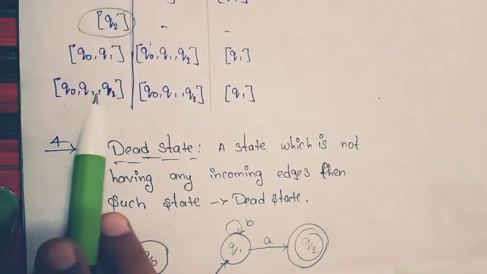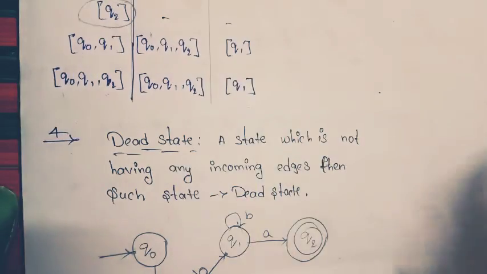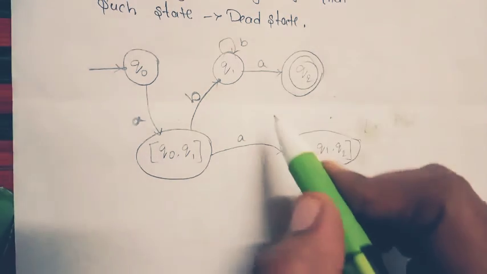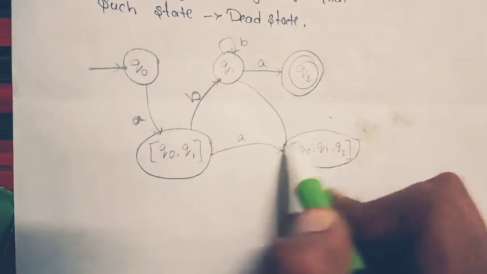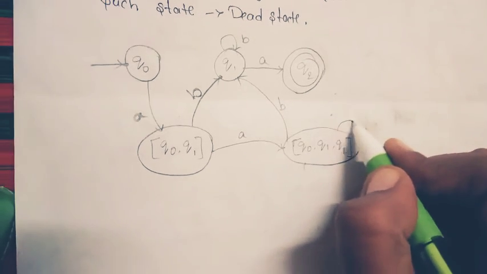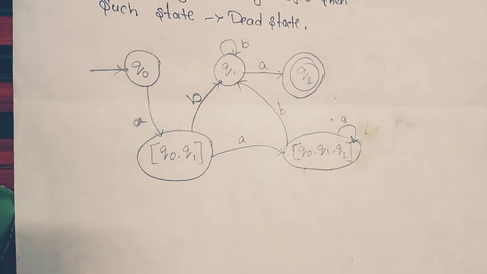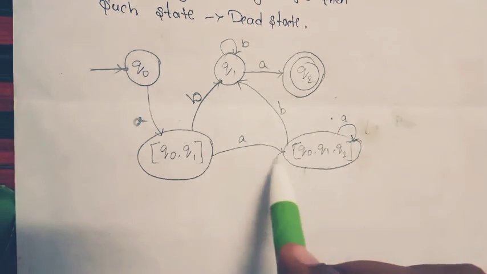Then move to the last state, it has A value for itself and B value for Q1. That means B value this is, and then it is self. It has a self loop, guys. This is the state transition diagram.